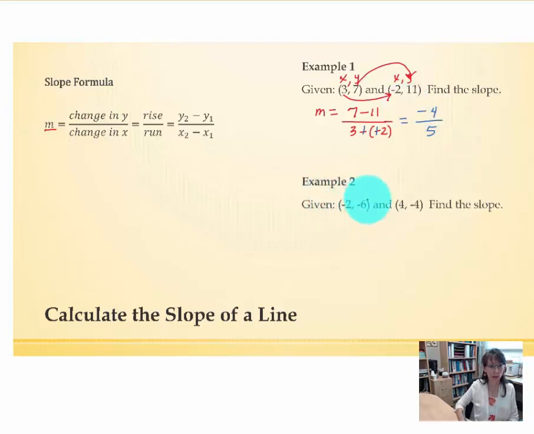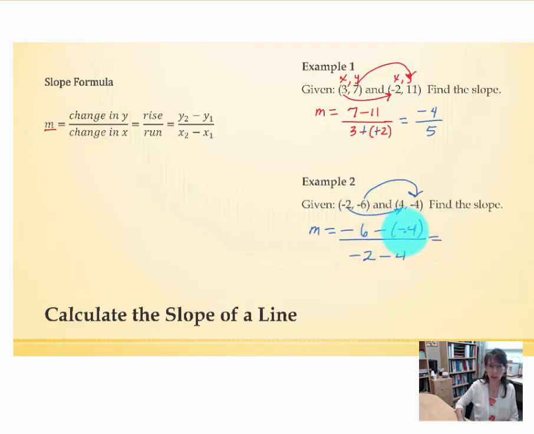Here's another set of ordered pairs. So again, we have x paired with y and another x paired with y. So I start with the y values. The slope will be equal to the difference of those y values divided by the difference of the x values. So again, I'm just working from left to right when I make these subtractions. So negative 2 minus 4 becomes our denominator.